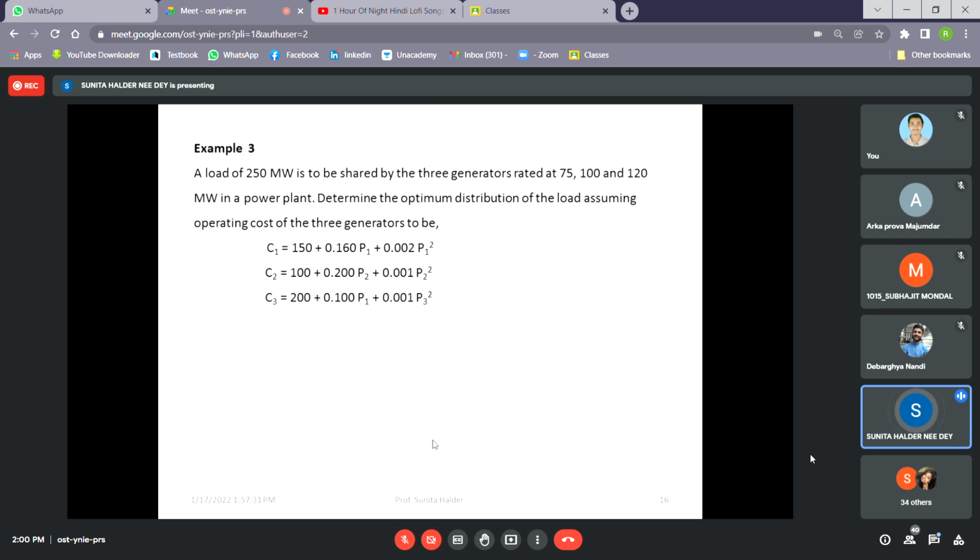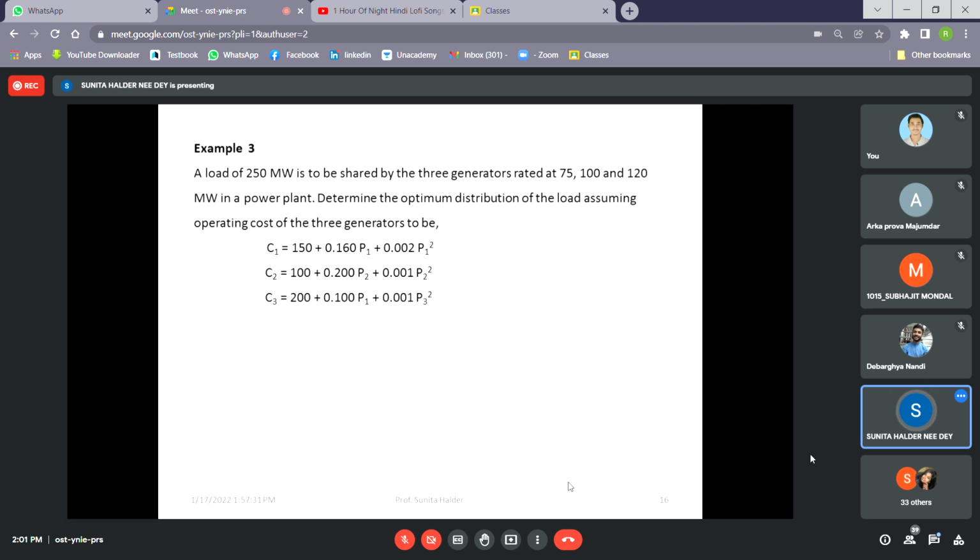Another problem is a 3 generator system that I have shown. Here the load is 250 megawatt and the 3 generator ratings are given. Ratings given means the maximum generation possible is 75, 100 and 120 for the 3 generators. Sometimes the minimum generation is also specified, say a particular generator will generate 50 megawatt minimum, not 0, because 0 means the system has been shut down.